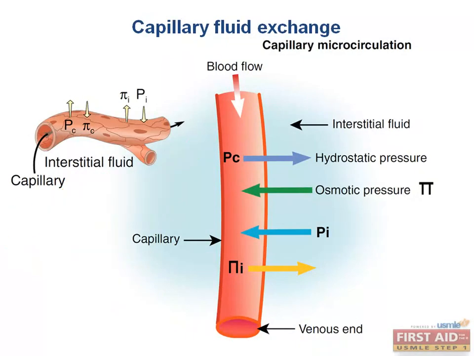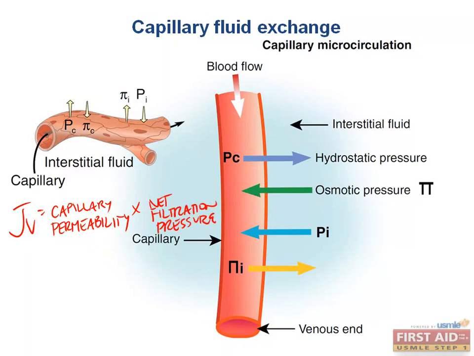Now Jv is the product of multiplying the filtration constant, or capillary permeability, times the net filtration pressure. This just tells you the total flow from the hydrostatic pressure and the oncotic pressure difference, while also incorporating the consideration of endothelial cell junctions.